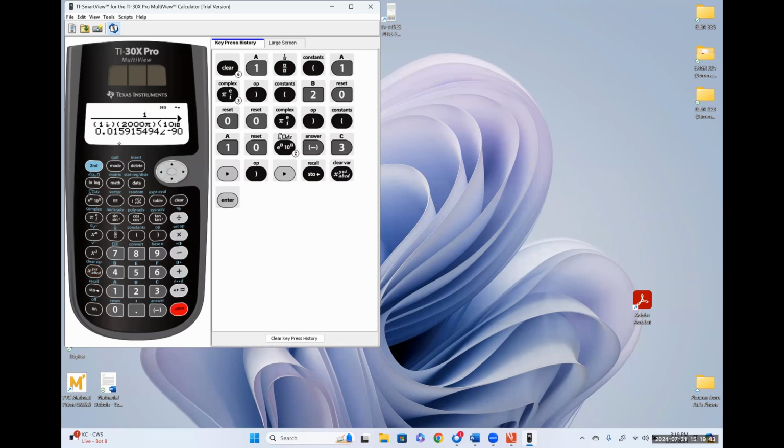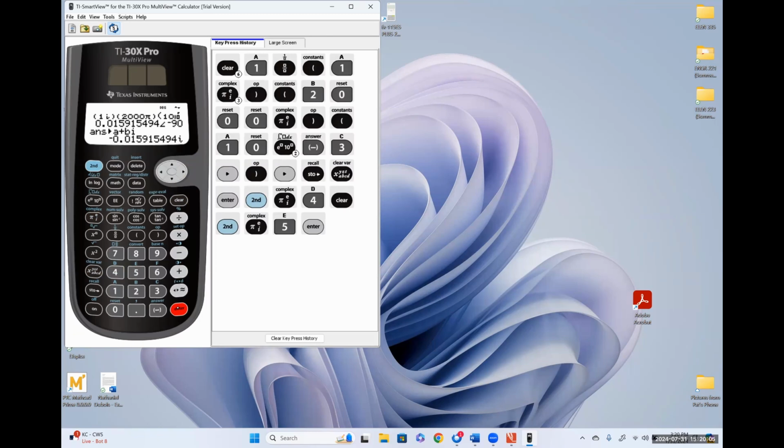So 0.0159 angle of negative 90 degrees is the same thing as negative j 0.0159. Just to prove that, convert this to rectangular.